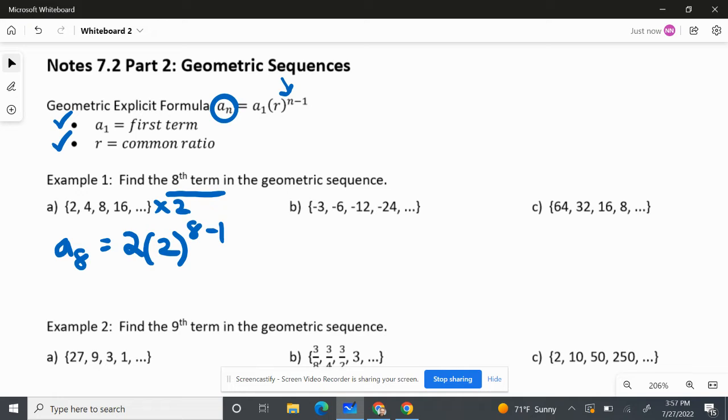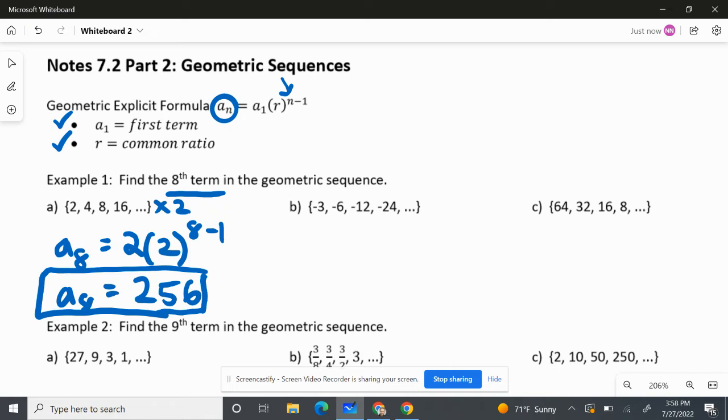Other ones you have to follow the order of operations, so it depends on your calculator. You're going to go 2 to the 7th because 8 minus 1 is 7, and then you're going to times it by 2. Some scientific or graphing calculators, you just have to type in the equation just like this, and it comes up with the answer of 256.